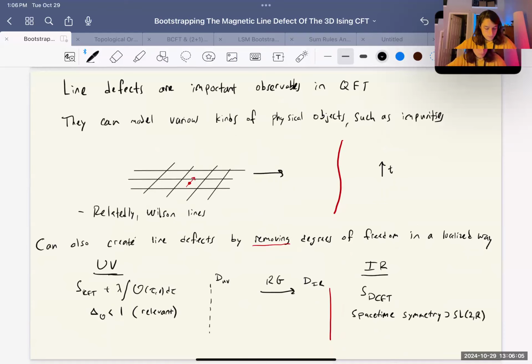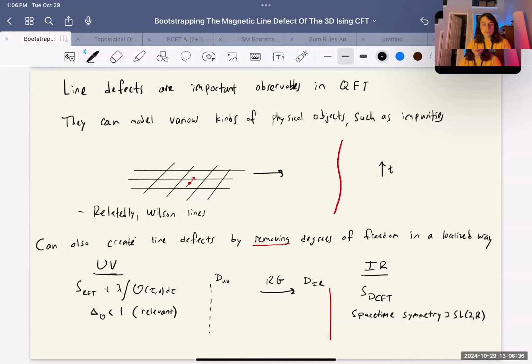So the general subject is really line defects in quantum field theory. These are the simplest class of extended observables that you can construct in a given quantum field theory. And they describe many different kinds of physical objects in nature or theoretical settings.